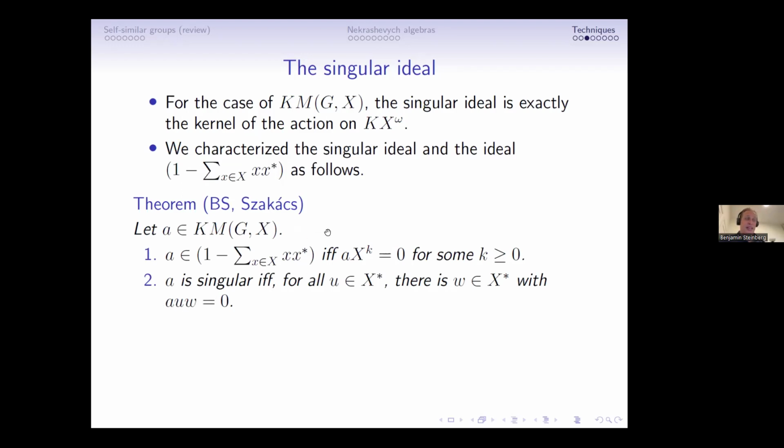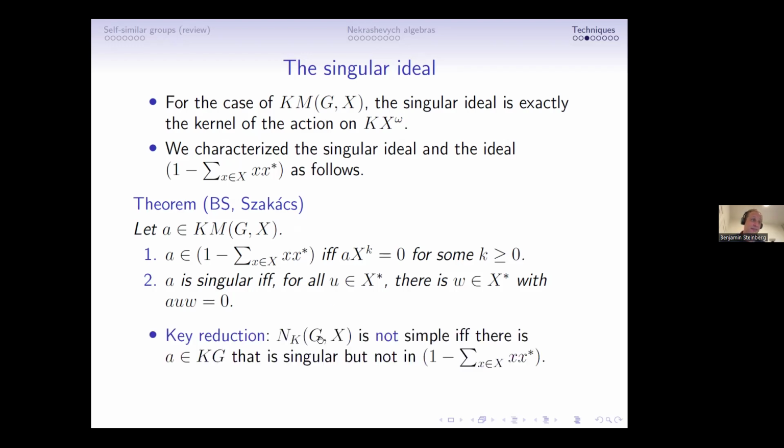So in particular, if it satisfies this condition, then it's obviously singular because a times any sufficiently long word is 0. But this is not saying any sufficiently long word. It's just saying there's some sufficiently long way to continue this and get to 0.